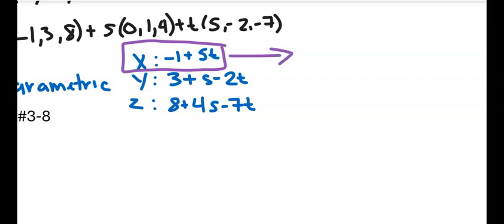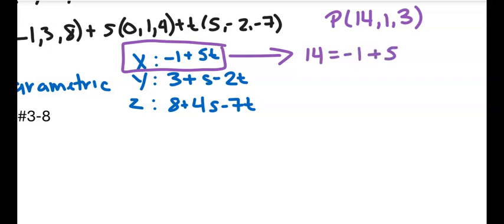And we'll look at examples later where we have to do more work like solving systems in order to get this. But is the point 14, 1, 3 on this plane? Well, I don't have an S movement here, so I'm going to put 14 into my first equation: 14 equals -1 plus 5t, 15 equals 5t. Okay, so this is probably happening, if it's happening at all, when t is 3.